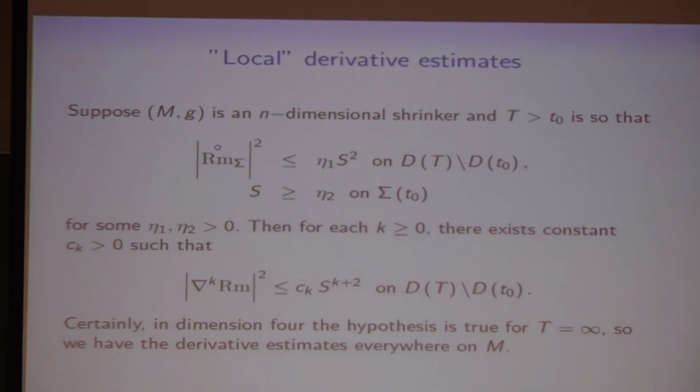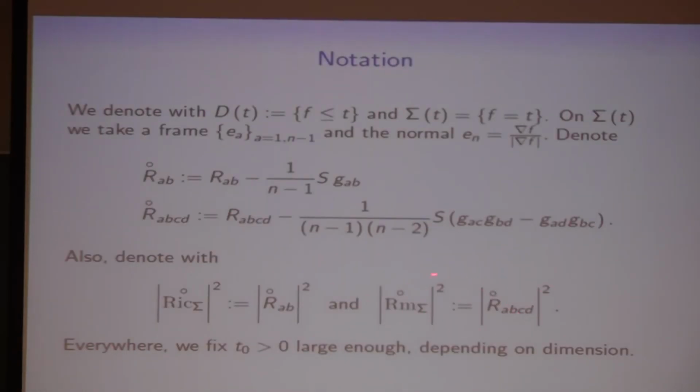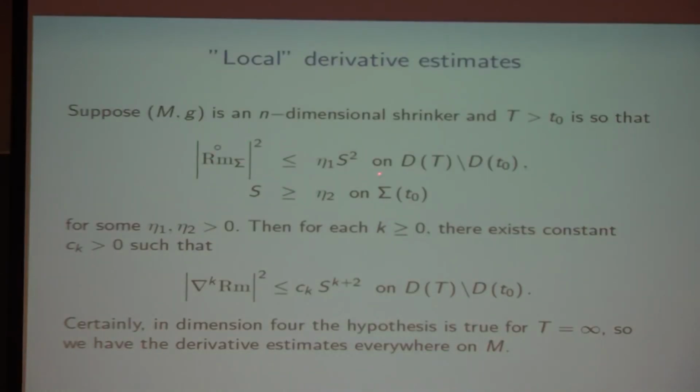It says, which I alluded to earlier, that if I have a shrinker and I go far enough towards infinity, and if I know that this curvature quantity, which in the previous theorem is more or less equivalent to Riemann on the level set, is controlled by scalar, so Riemann bounded by scalar on an annulus, right?